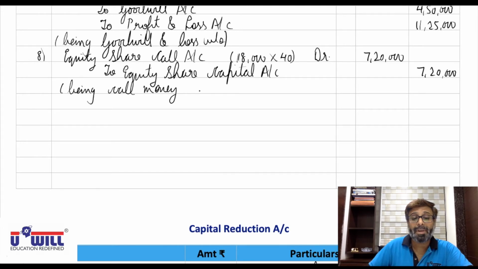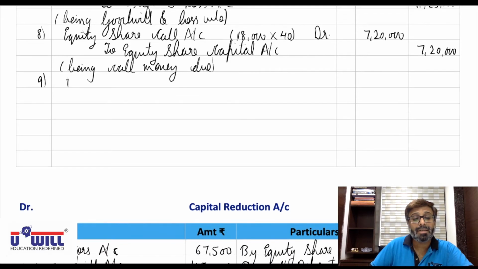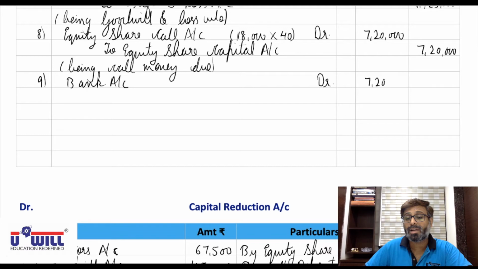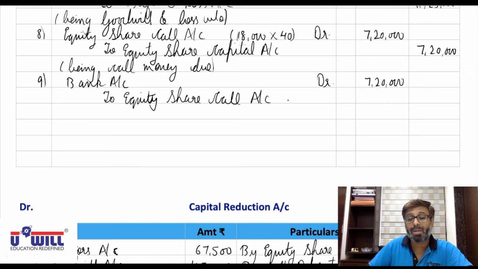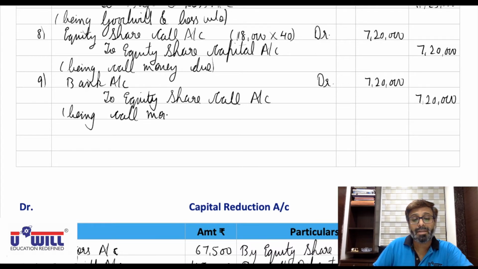It will not affect capital reduction account. And the next entry for receiving it: bank account debit, it is paid in full. So bank account debit 7,20,000 to equity share call account 7,20,000, being call money received.